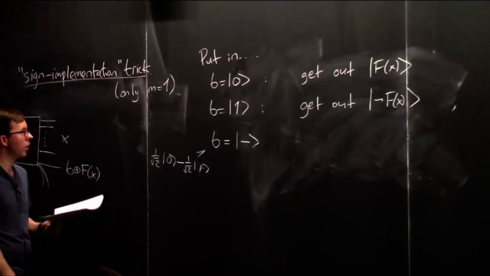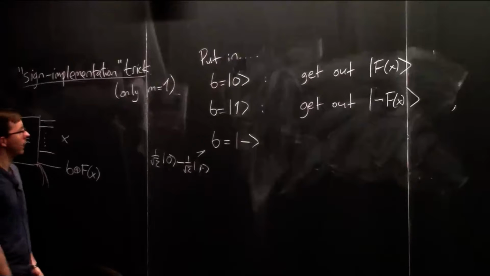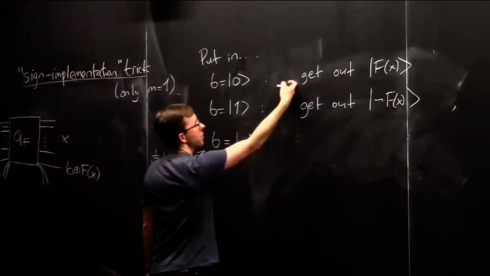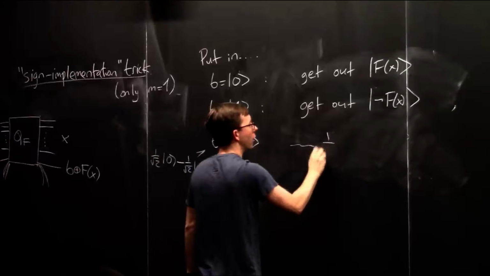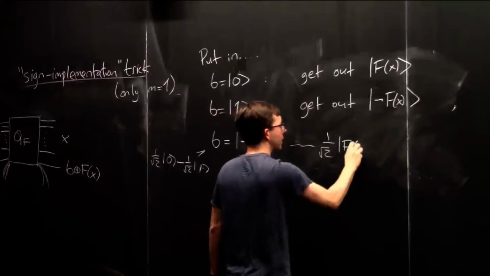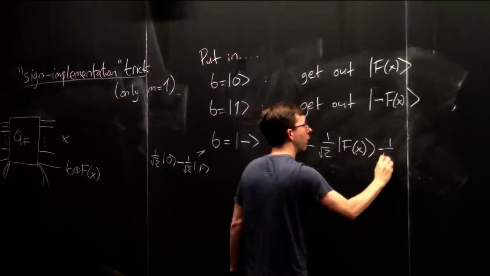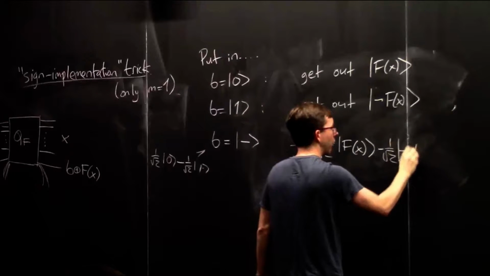Great. Well, what do you get out? By linearity, you get 1 over root 2 times this minus 1 over root 2 times this. So you get out 1 over root 2 f of x minus 1 over root 2 negation of f of x.